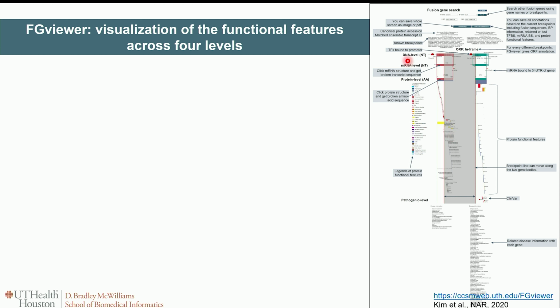Firstly, we show what kind of TFs are there at the DNA level, and what kind of microRNAs relate to each of these genes at the mRNA level. At the protein level, we show UniProt's 39 functional features, and we show the pathogenic level, including ClinVar.